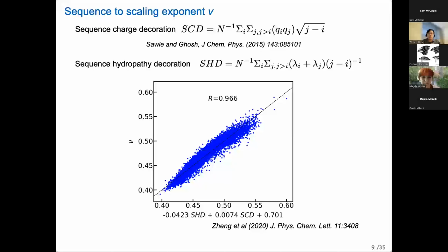It's just about how you arrange the charged amino acids and how you arrange the hydrophobic amino acids. Then we ran many coarse-grained simulations on random disordered sequences. We find that using a simple multilinear regression of these two parameters, charge patterning and hydrophobic patterning of the sequence, we can actually predict the scaling exponent very nicely.